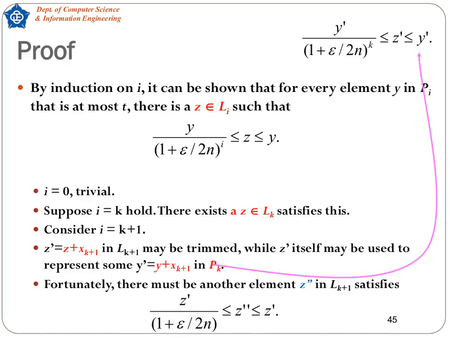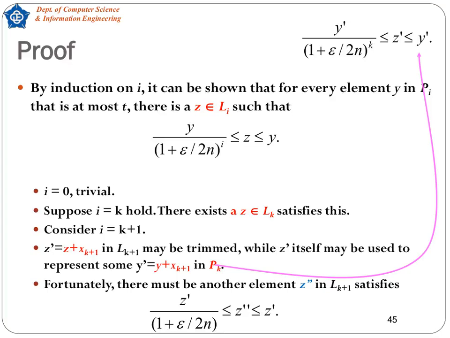Building on our previous argument, we now prove by induction on i that every sum y in P, not exceeding t, has a matching value z in L, satisfying y divided by 1 plus epsilon over 2n is less than or equal to z is less than or equal to y. Base case, i equals 0, is immediate.